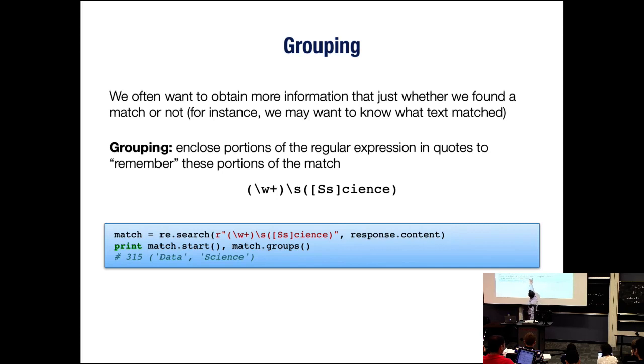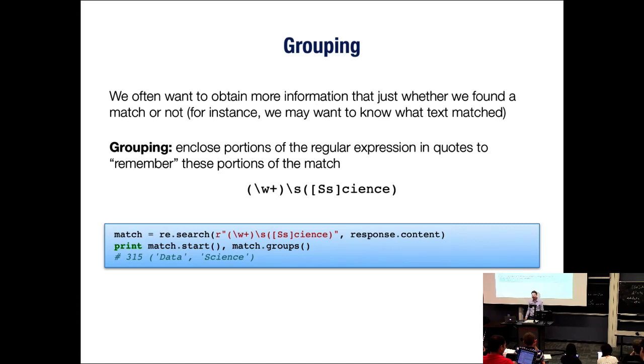I'm doing that because I don't know if it's capitalized or not, so I want to get back information about whether it's capitalized or not. But when I match this, I get a match object, and then I can use this match.groups function to see what terms corresponded to these different groupings in the regular expression that I just matched.